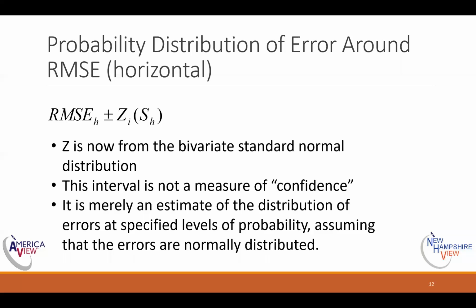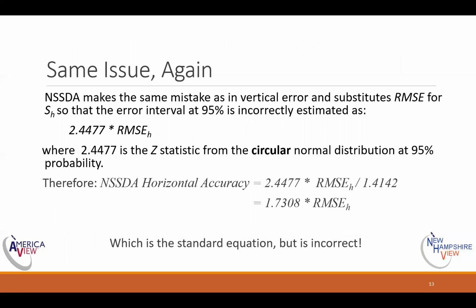And it is merely an estimate of the distribution of errors at specified levels of probability, again assuming that the errors are normally distributed and assuming that the errors in X are equivalent to the errors in Y so that we get the circular distribution. Same problem with NSSDA. Again, it makes the same mistake.